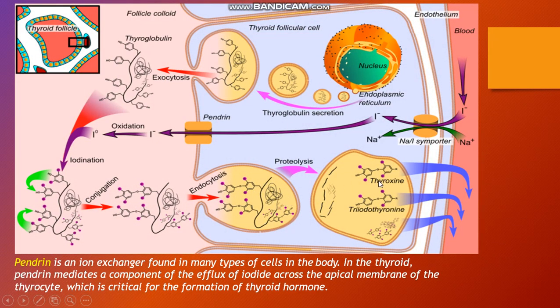Proteolysis हुआ, thyroxine, ट्राइआयोडोथायरोनिन रिलीज हो गए in the blood. यहाँ पर पेंड्रिन एक सिम्पोर्टर है जो आयोडीन को भी लेता है और सोडियम को भी लेता है. This is the symporter for sodium and iodine. The iodine is being taken, it comes and attaches to the pendrin और इसको बाहर फेंकता है जो थायरोग्लोबुलिन के साथ अटैच करके ऑक्सीडेशन करके आयोडीनेशन करके एक कॉन्जुगेट प्रोटीन बनाती है.